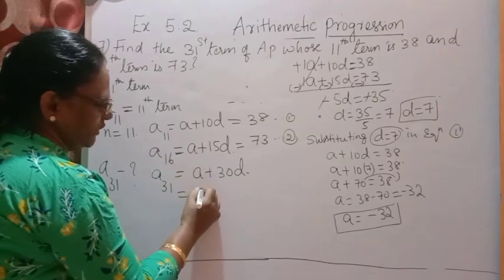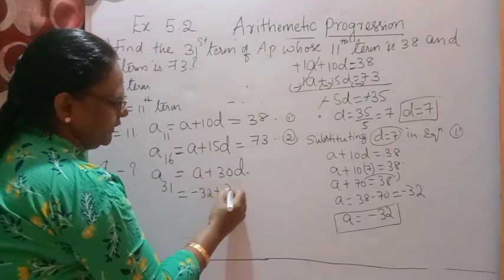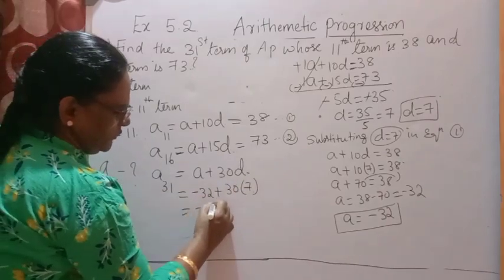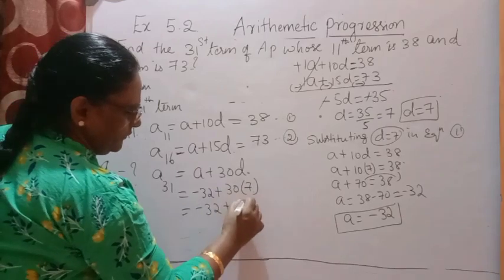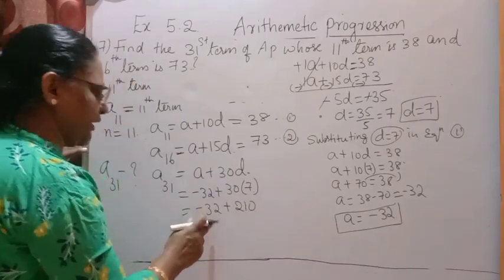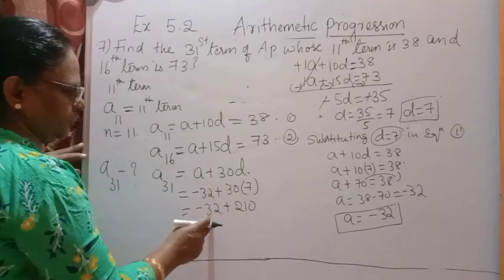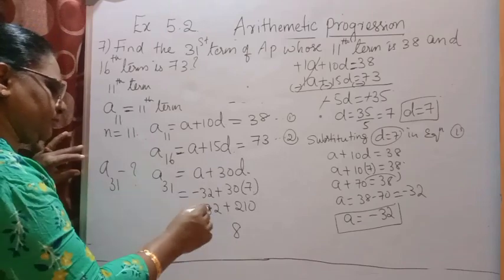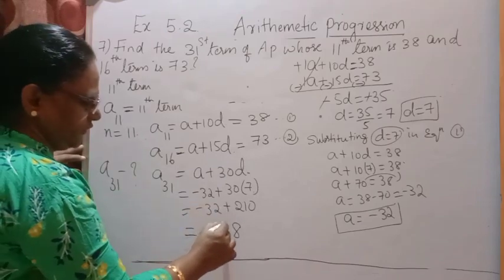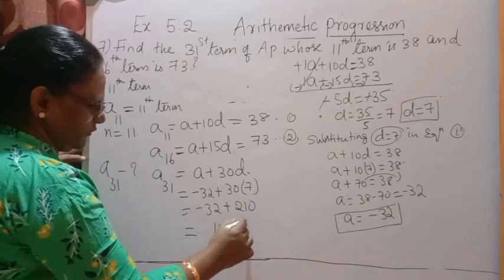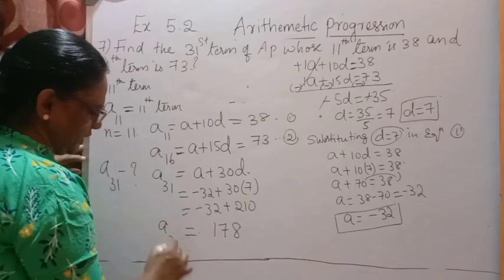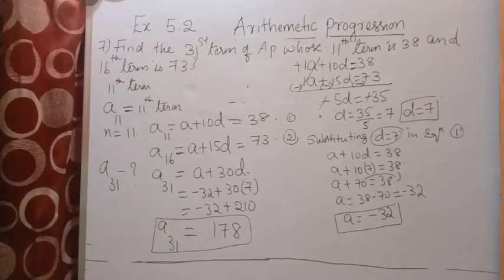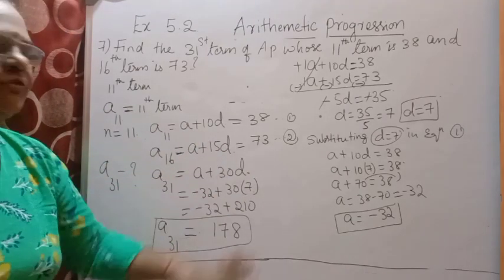A means minus 32 plus 30 into D means 7. Minus 32 plus 210. How much will you get? 178. Therefore, A31 is equal to 178. So, this is how you can solve.